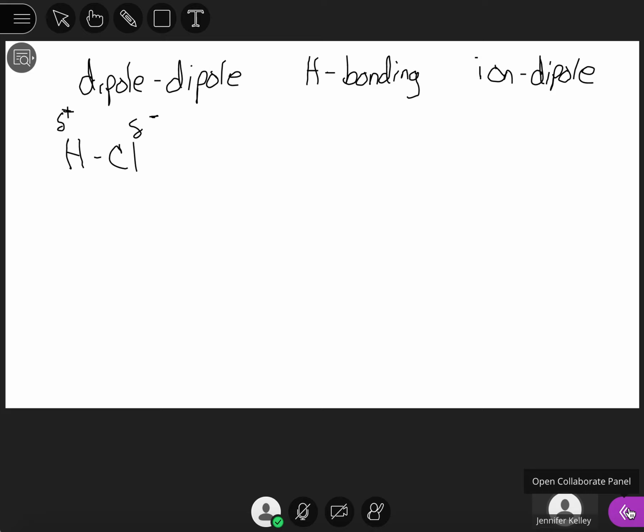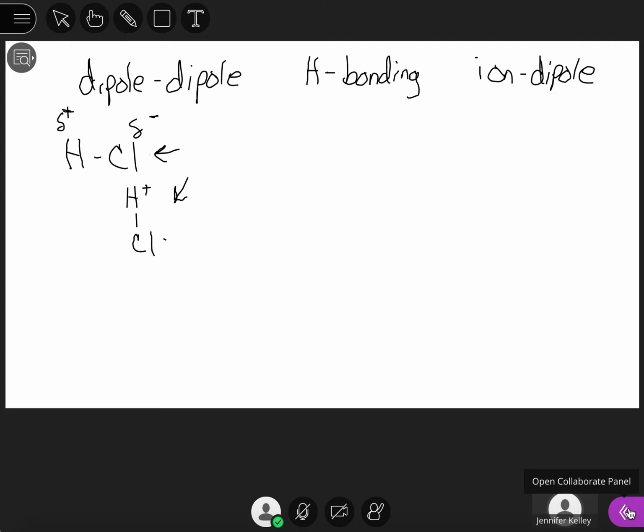And so if I have a lot of these together, then all of the H's are going to be pointing closer to the Cl's because the H's are partially positive and the Cl's are partially negative. So these two things here are going to be attracted to each other, not attached to each other, just attracted to each other. So that's called dipole because you have one polar thing here and another polar thing there, and the polar things are attracted to each other.